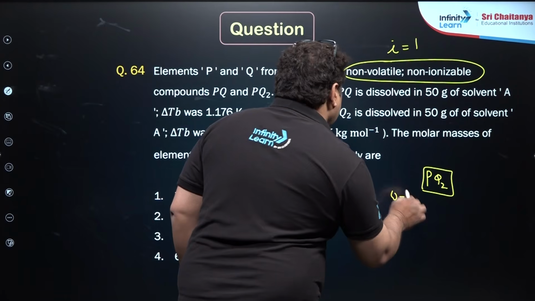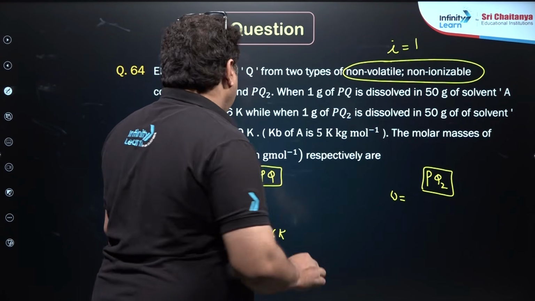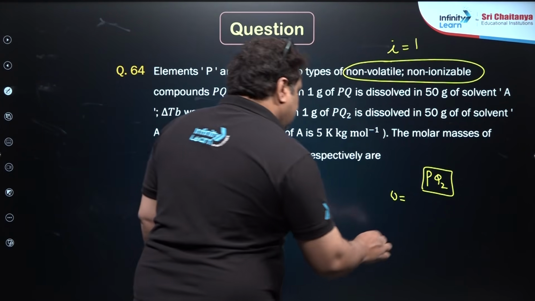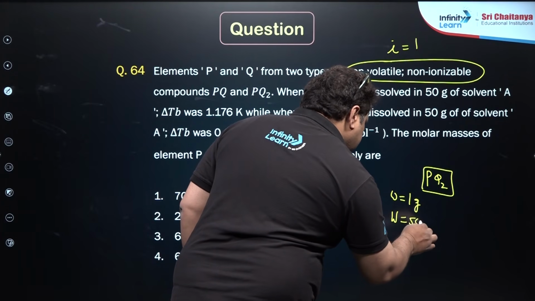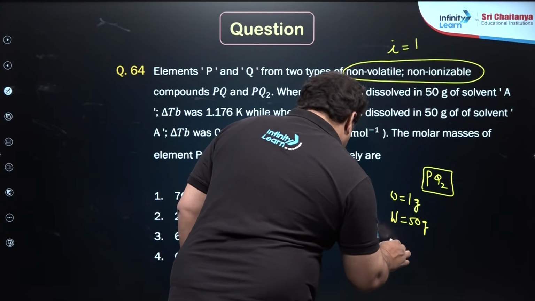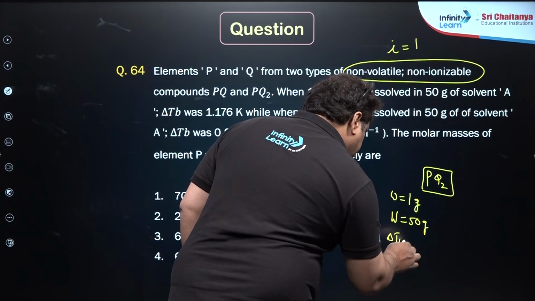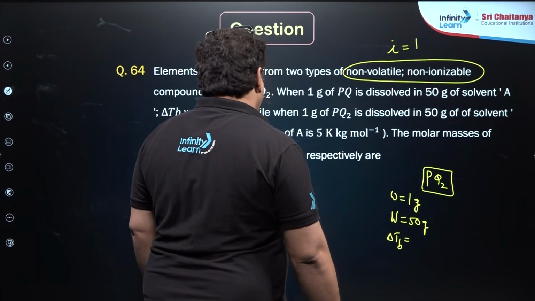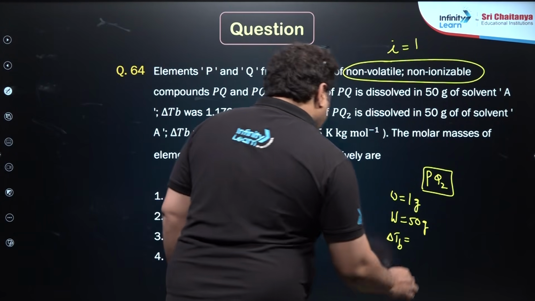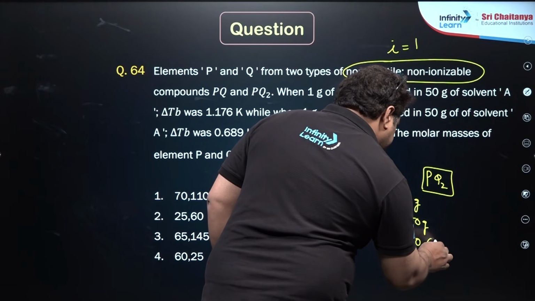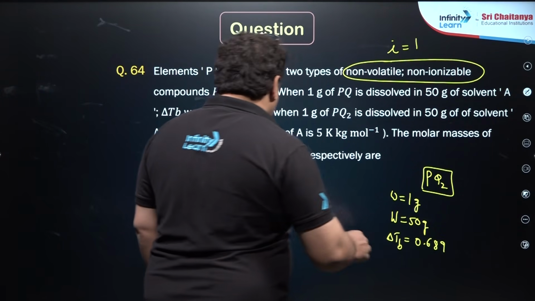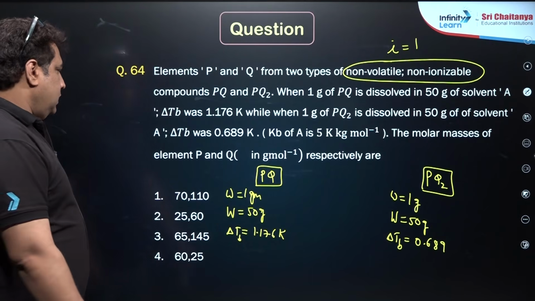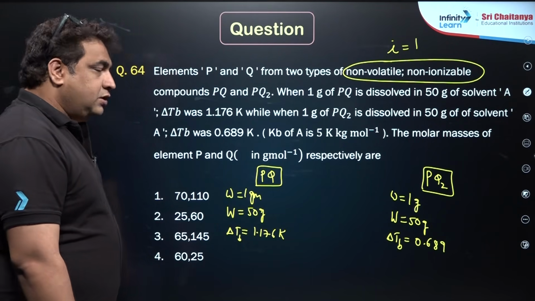The weight is 1 gram only, weight of the solvent is 50 only, and delta TB is 0.689, and for both Kb is 5 given. Then the molar masses of P and Q respectively are?